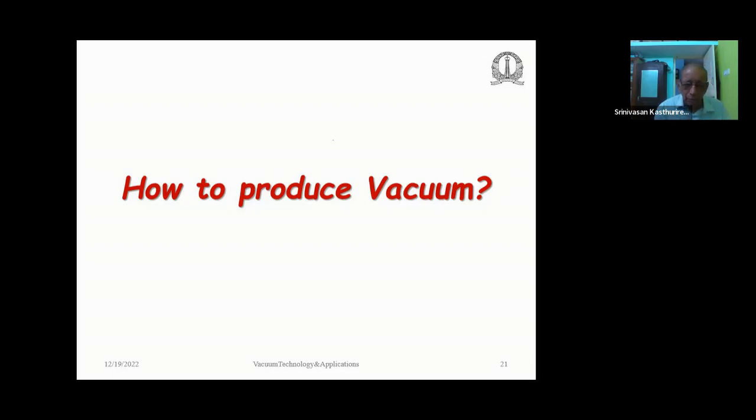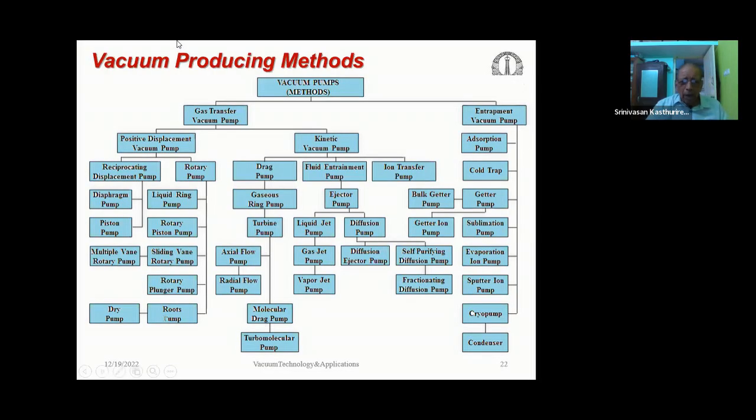Now, we have seen the different levels of vacuum, that is, low vacuum, medium vacuum, high vacuum, ultra high vacuum, etc. Now what we'll see is how to produce this vacuum. How exactly one can produce this vacuum. Right? So, don't worry about this table. This table gives you almost all sorts of pumps that are available to produce vacuum.